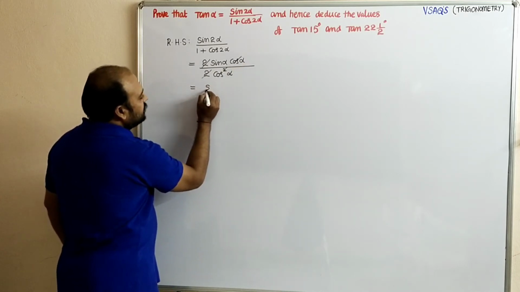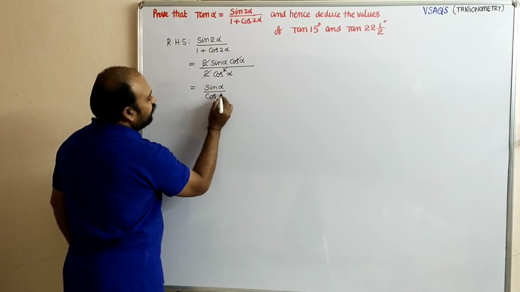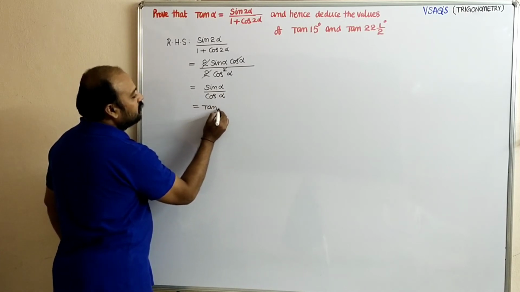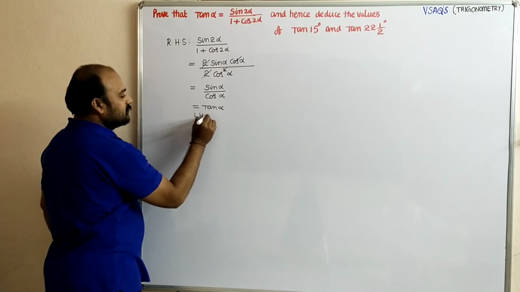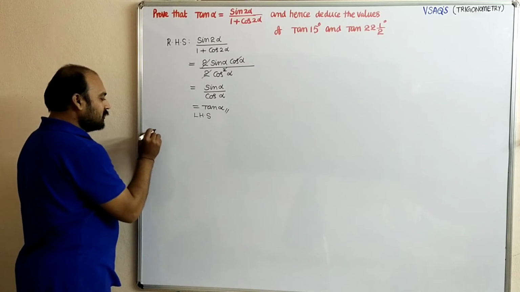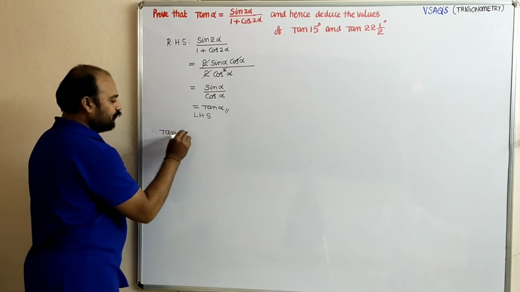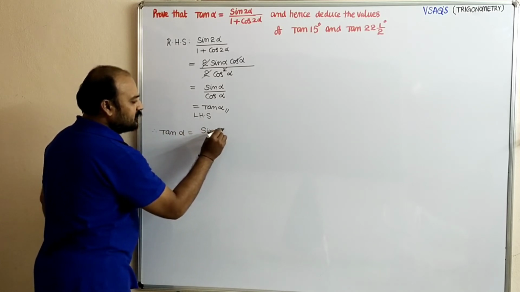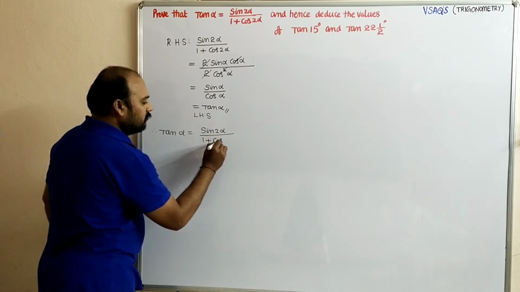The remaining is sin alpha divided by cos alpha. Sin alpha by cos alpha is what? Tan alpha. That is the required LHS. So you can give the conclusion: therefore tan alpha equal to sin 2 alpha divided by 1 plus cos 2 alpha. Now onwards you can utilize this as a shortcut formula also.